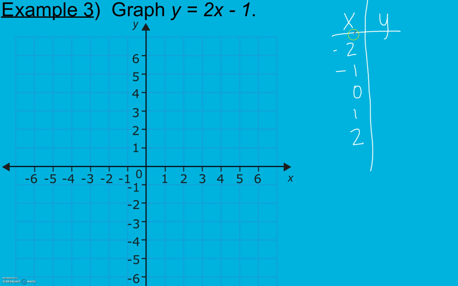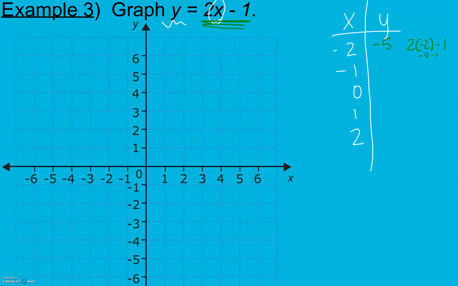So I'm going to take these x values, plug them in for x, and whatever I get is going to be my y value. So here I'm going to take 2 times x is -2 minus 1. -4 minus 1, -5. I'm going to do the same thing, guys.